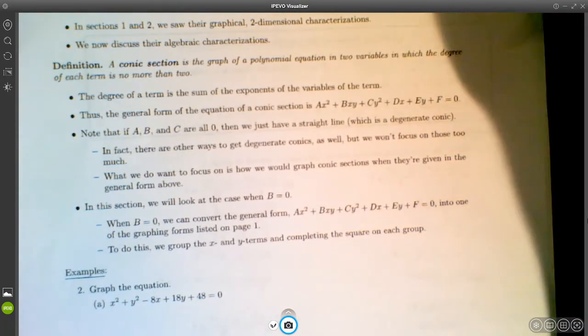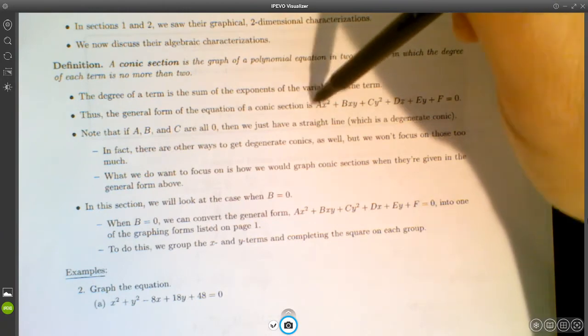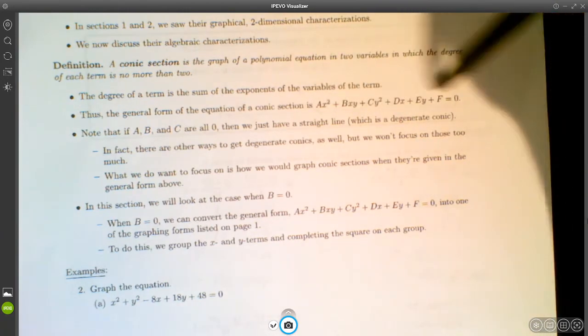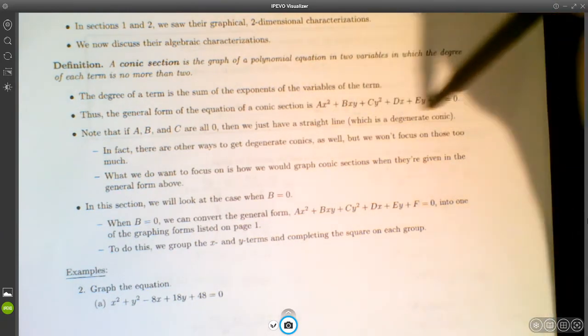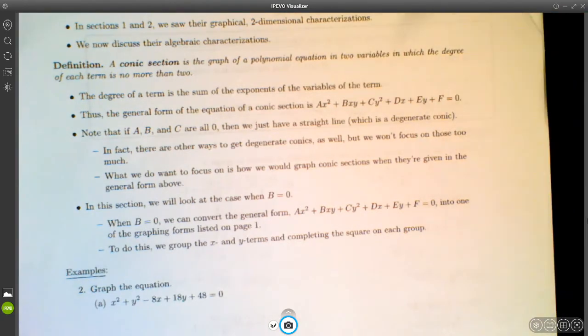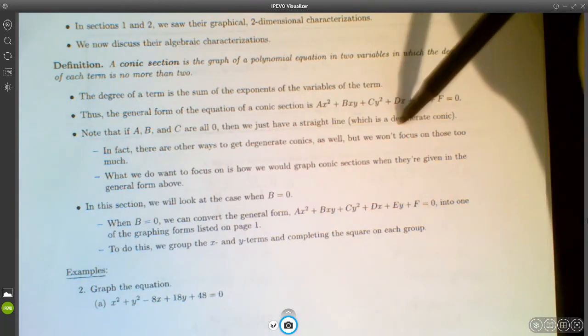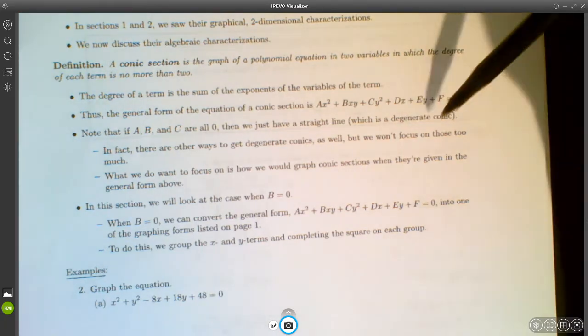In particular, what I'm interested in is the general form. So not the graphing form, but let's say you're given the conic section in general form like this. How do you tell what kind of conic section it is? Well, for one thing, you're going to have some degenerate cases.